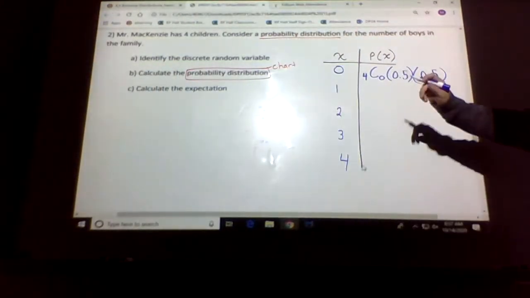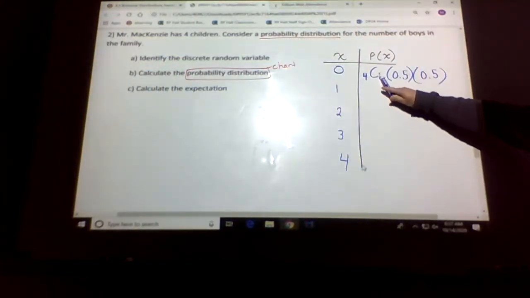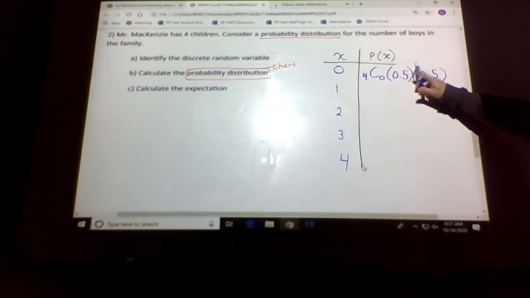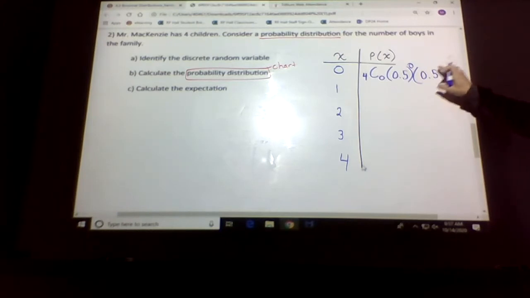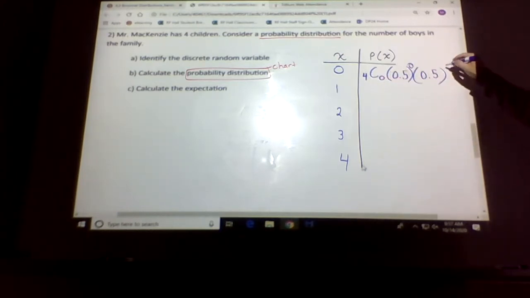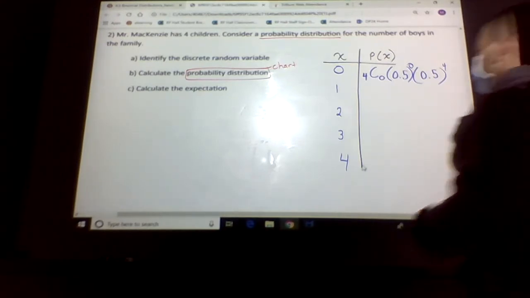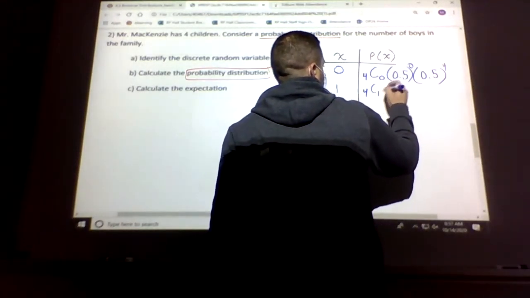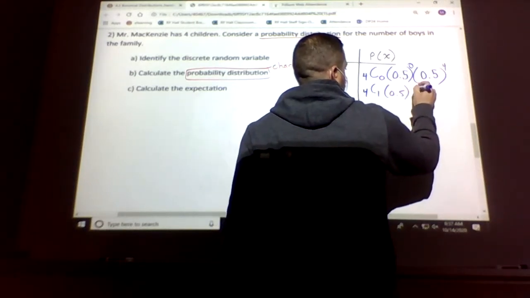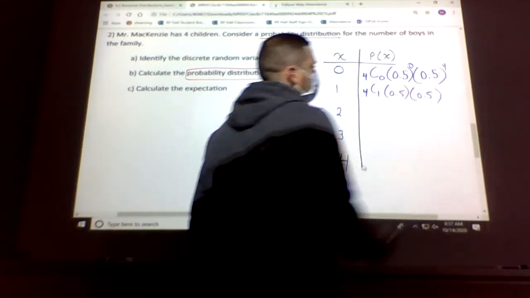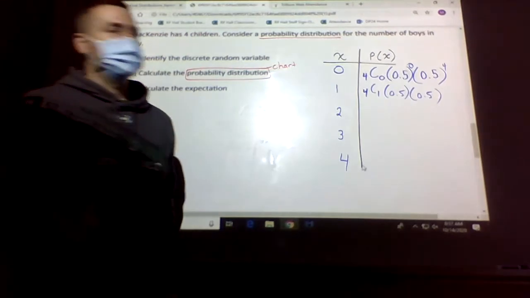Okay, and then our exponents. So again, the x is here, so that goes on top of this one here. So carry the 0, and then on the second one, 4 minus 0 is 4. And now we're just gonna fill them all in, so increasing. So 4 choose 1, 4 choose 2, 4 choose 3, 4 choose 4. So 4 choose 1, probability doesn't change, we're just gonna change the exponents, that's all.